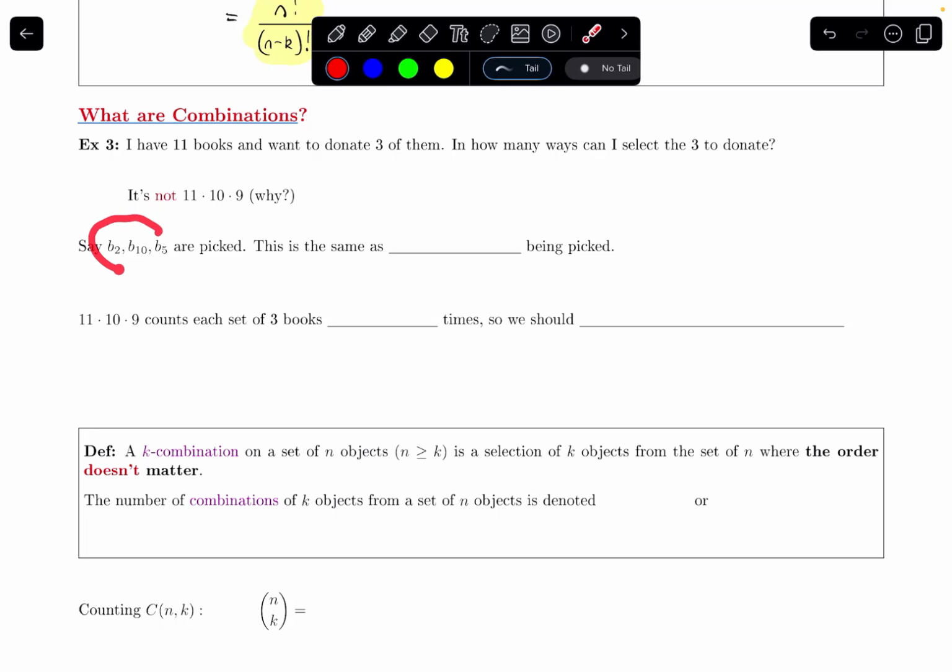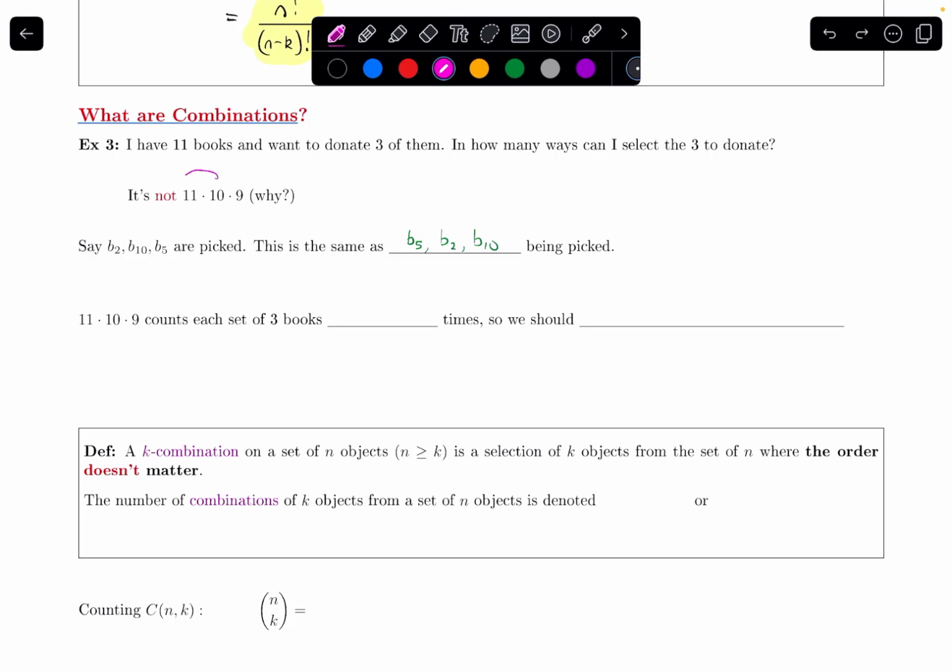If I were to pick these 3 books, that should be the same as if I had picked B5 first, and then B2 second, and then B10 third. It's the same set of 3 either way. So in other words, the order in which I'm picking the 3 books shouldn't matter here.